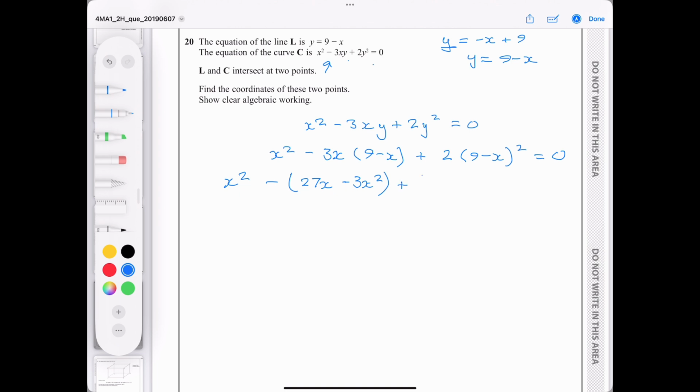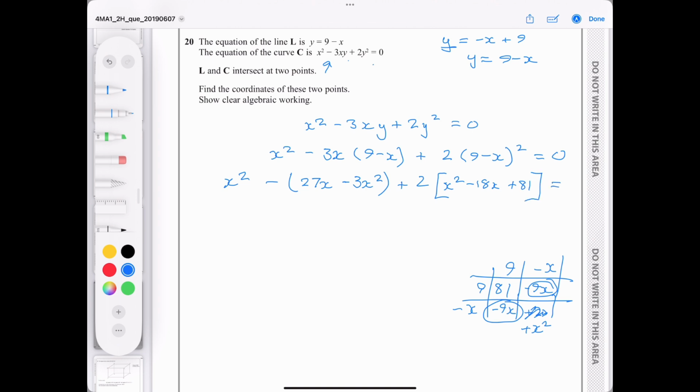Then plus, I'll leave 2 outside, and we'll make it 9 minus x, 9 minus x, so that's 81 minus 9x minus 9x plus x squared. Good lord, rather letting myself down there. And I'm going to organise it so it looks nice. So it's x squared minus 18x, I put these two together, and plus 81. There we go, equals 0.